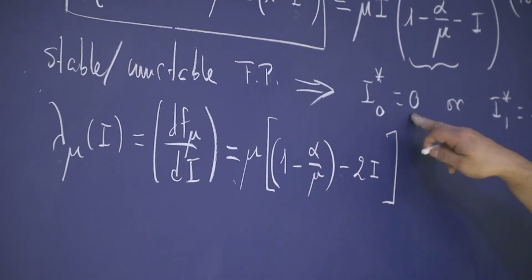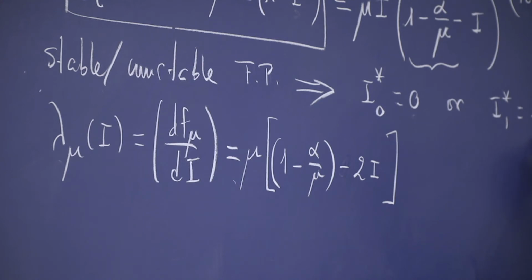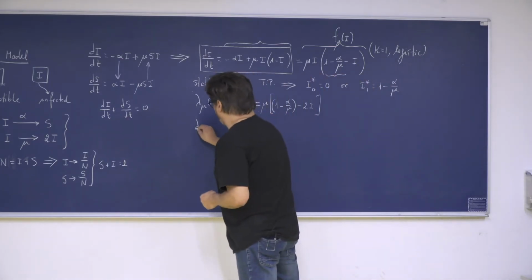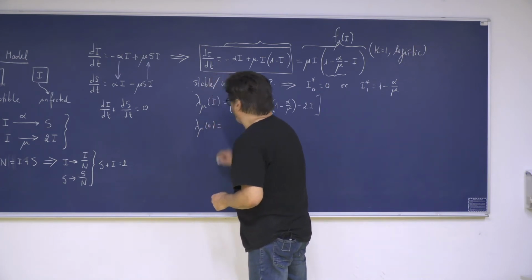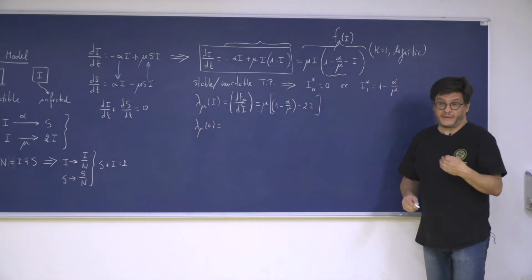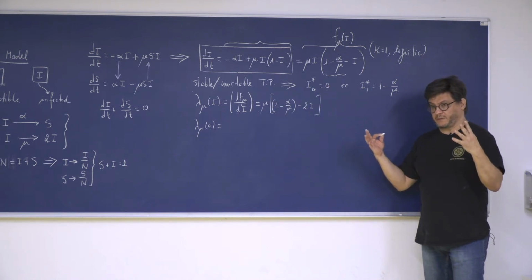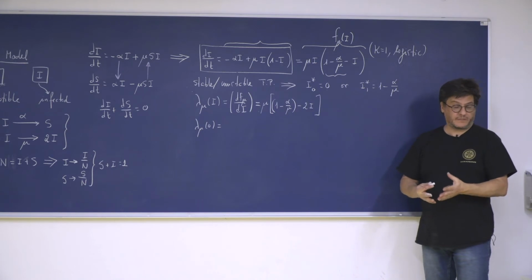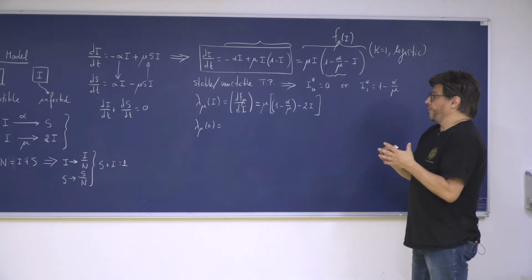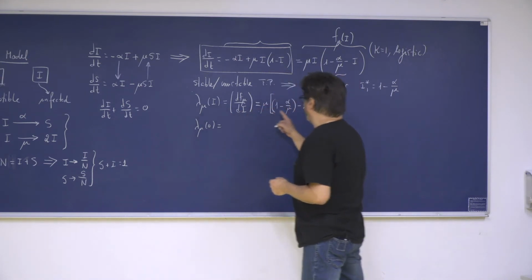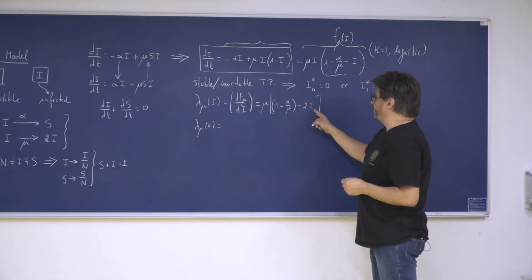Inside, I use the different fixed point values and see under what conditions it is positive or negative. Let's take the 0, right? That means what I want to find out is under what conditions I will see that my epidemic event goes to extinction. It cannot grow, it goes to extinction. So I just need to put here 0, all right?